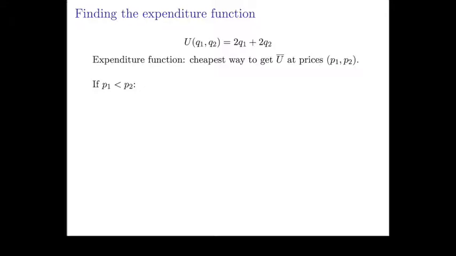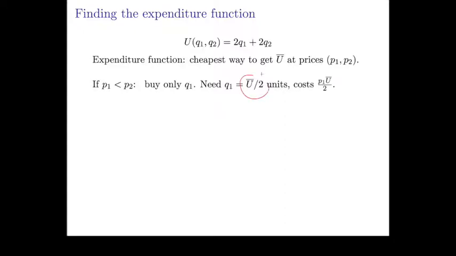So the same example, the utility function is 2q1 plus 2q2. The cheapest expenditure is the cheapest way to get to u bar at the prices p1, p2. We've looked at this in the previous chapter. Whenever the price of good 1 is less than the price of good 2, you're going to buy only good 1. So how much of good 1 would you need in order to get utility level u bar?